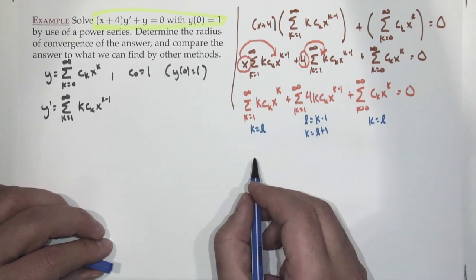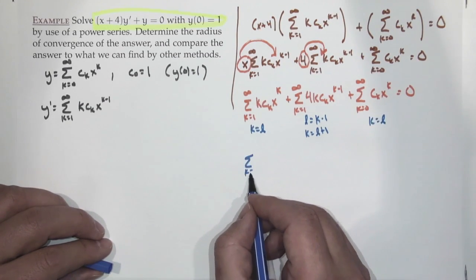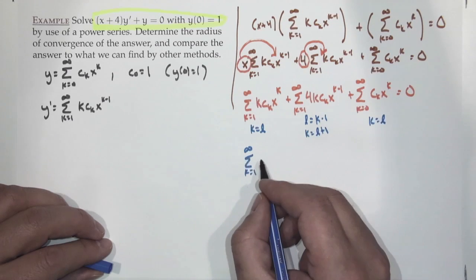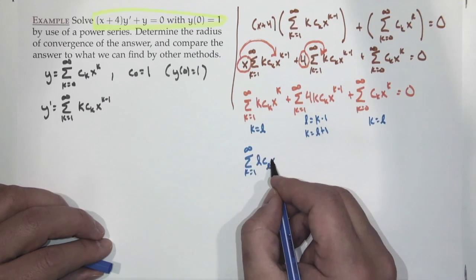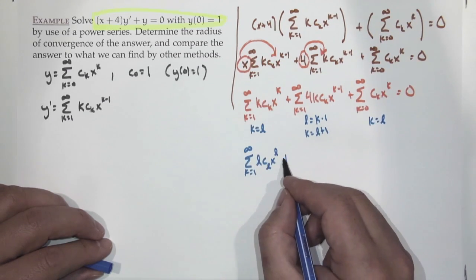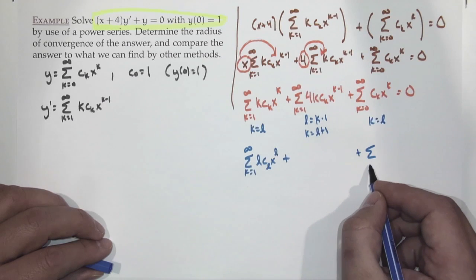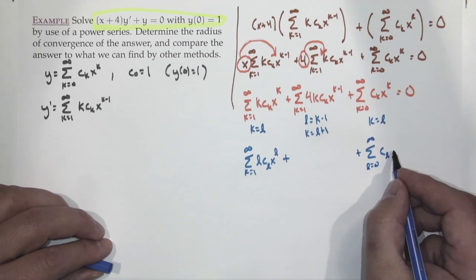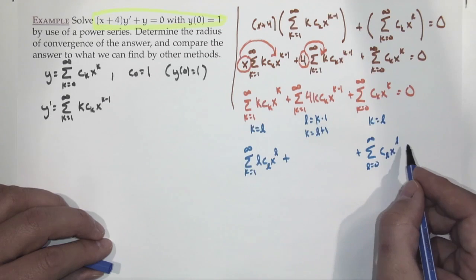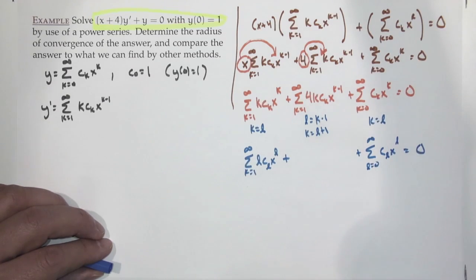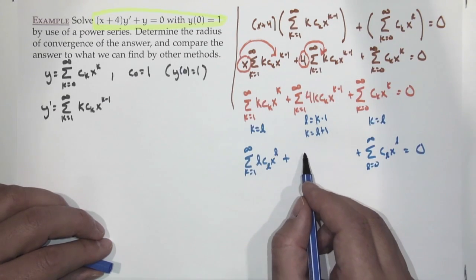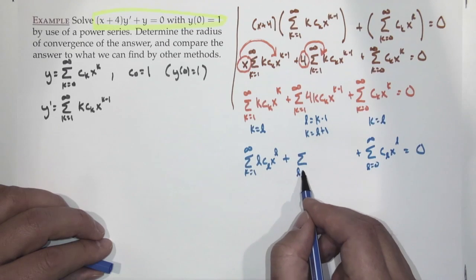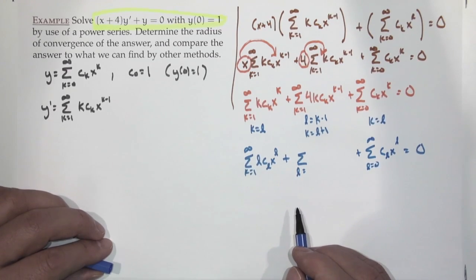So we go through the first one, nothing changes here. 1 to infinity, L c sub L x to the L. And we'll go ahead and do the last one, because again, all we're changing is names. k's become L's, and 0 stays at 0. Now the fun one, the middle one. It's our sum. Where do we start this sum?